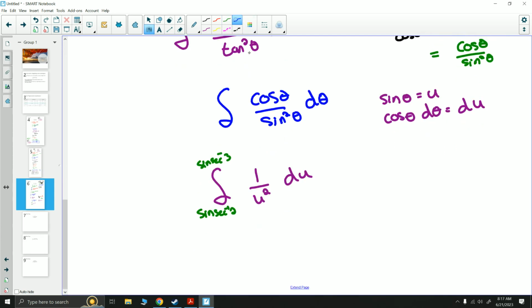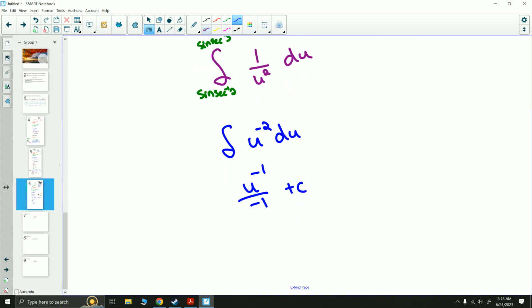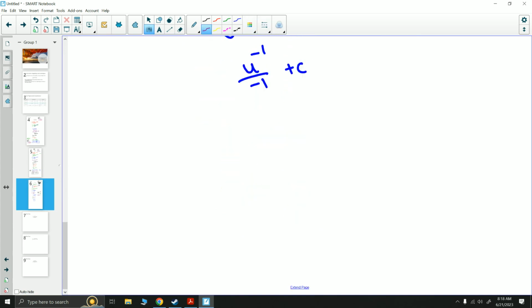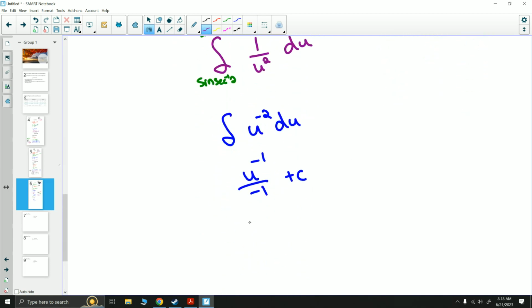Anyway, we're now in terms of u. Okay, so we need to integrate this thing. This is the integral of u to the negative 2 du. So that would be u to the negative 1 over negative 1 plus c. So that means that we end up with our u as sine. So we have negative 1 over sine theta plus c.